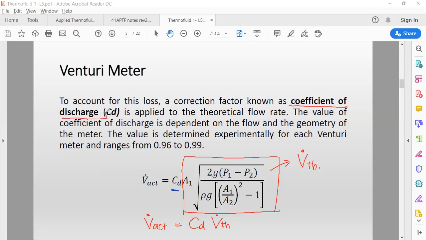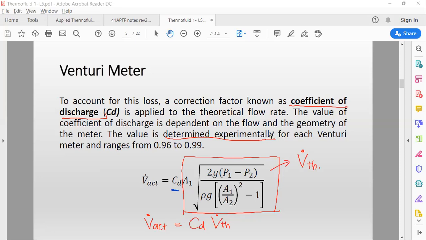This discharge value will have to be determined experimentally. So the value will differ every time. For this Venturi meter, we will be doing a lab based on this. Same thing, later on, I'll tell you when to go to Mel. You will see a video of me doing the experiment with a Venturi meter.